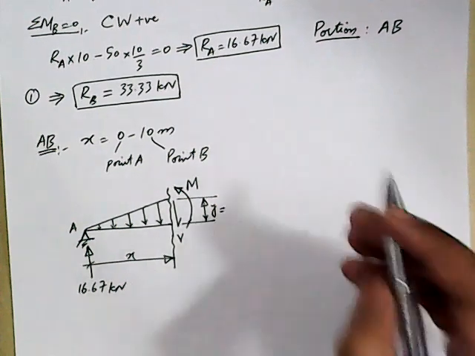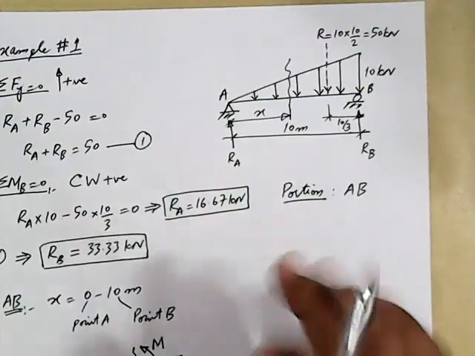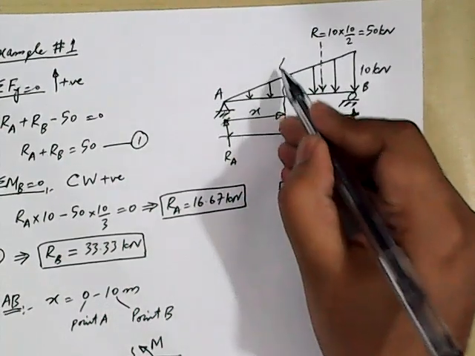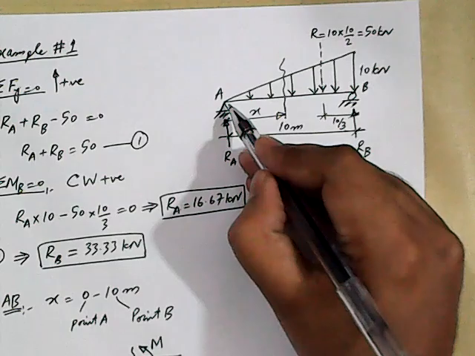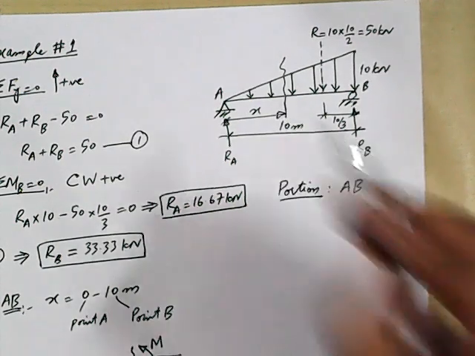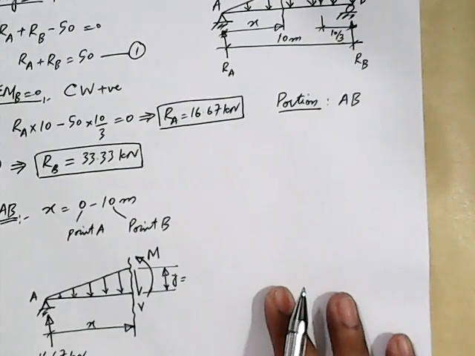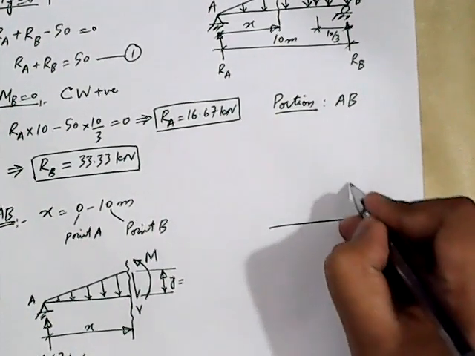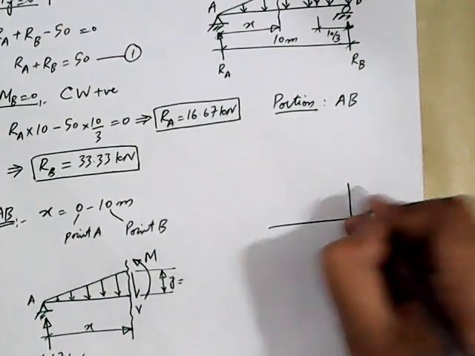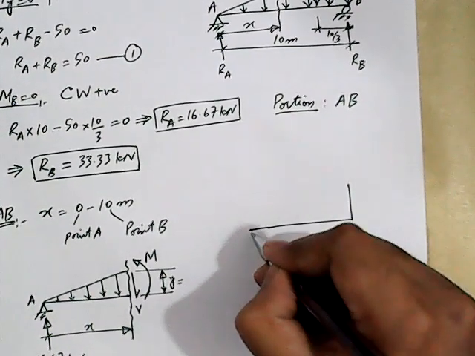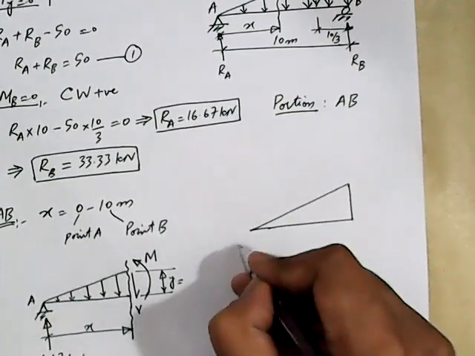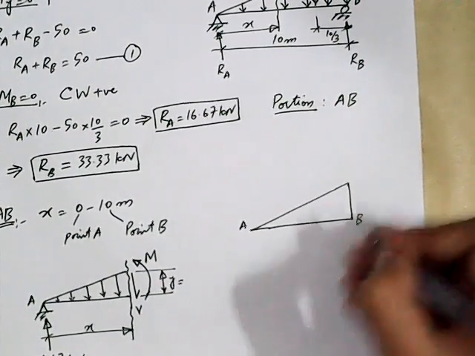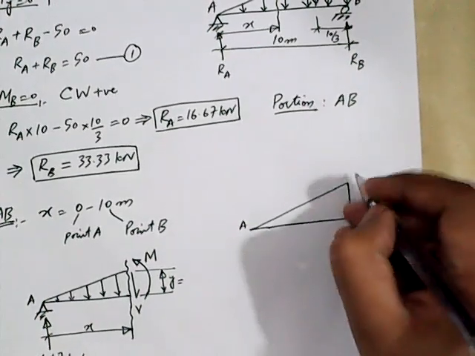Okay. Now, let's see. If I look at this diagram, we have this bigger triangle, and then by cutting the section, we have generated a smaller triangle. And these two triangles are similar triangles. Let's see how. We have this point is A, this point is B. I'm following the same convention.